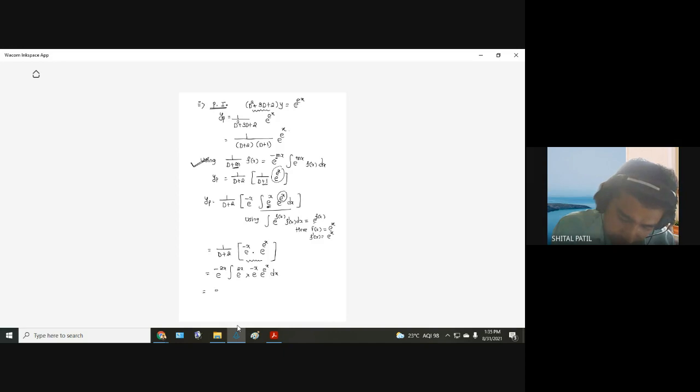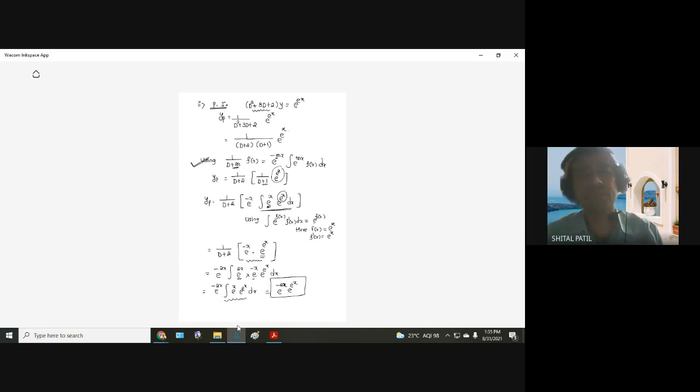So e raised to minus 2x, and if you simplify these two, that is e raised to x and then e raised to x. Above we have integrated this, and we know the integral of this. Let me write it directly. Here we have done it, and we also know its answer. So e raised to x, this is your particular integral.